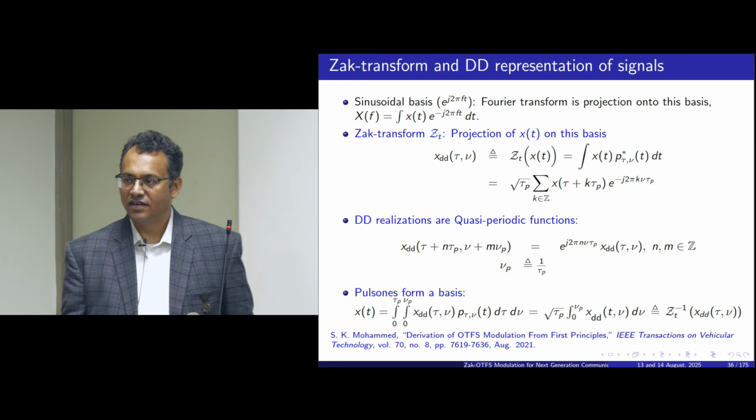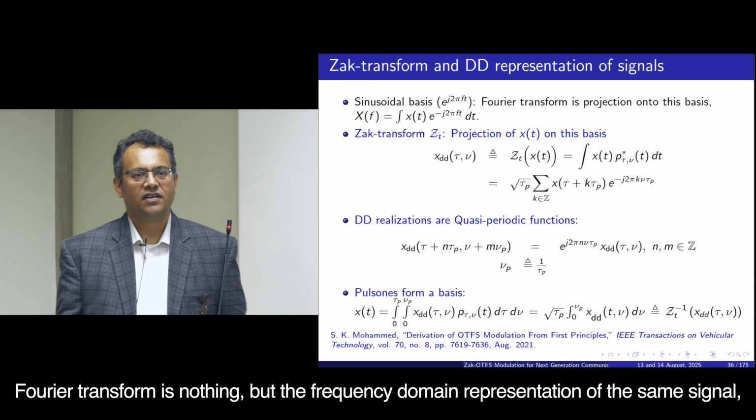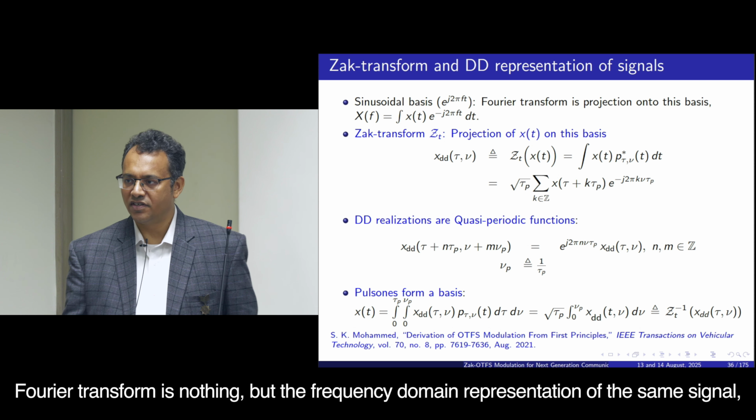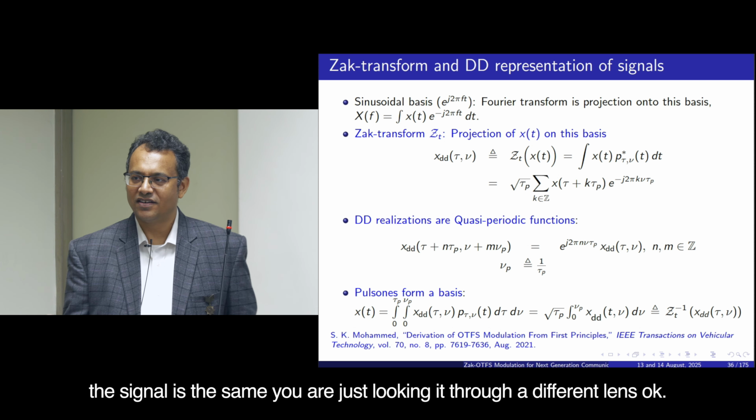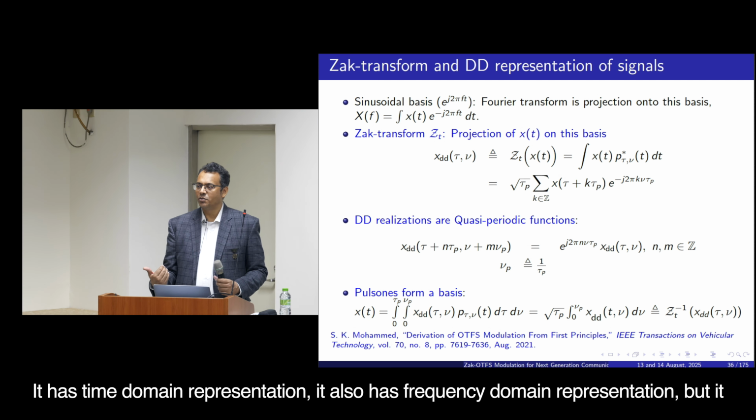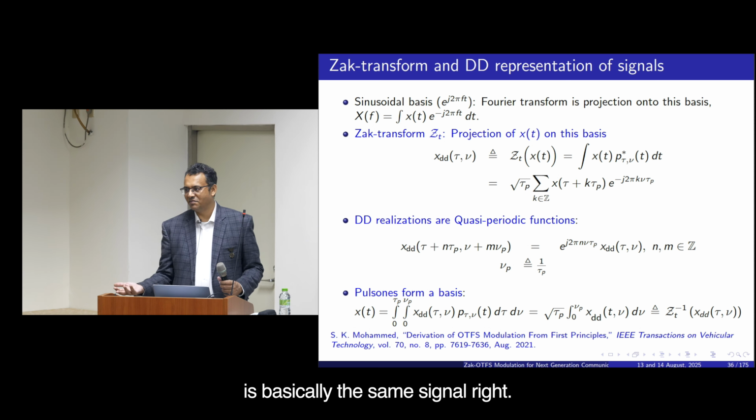The Fourier transform is nothing but the frequency domain representation of the same signal. The signal is the same, you are just looking at it through a different lens. It has a time domain representation, it also has a frequency domain representation, but it is basically the same signal.